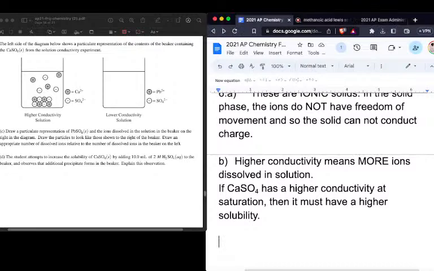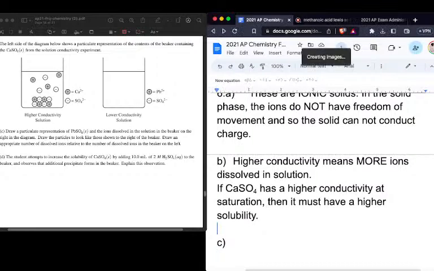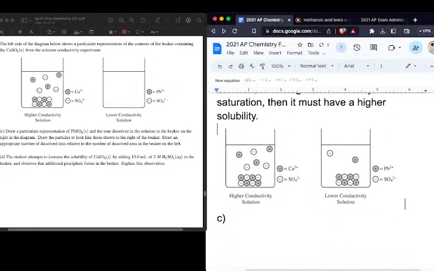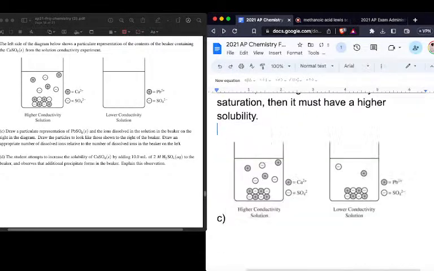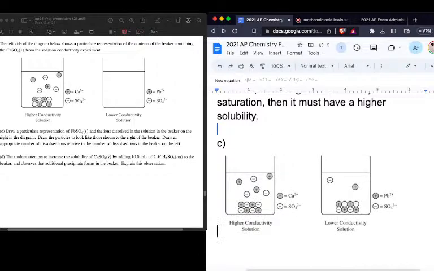Nice. All right, I'm about to show you my handiwork here. The real point here is that there are fewer free-floating ions in the beaker on the right. See, there's only 2 compared to 6.